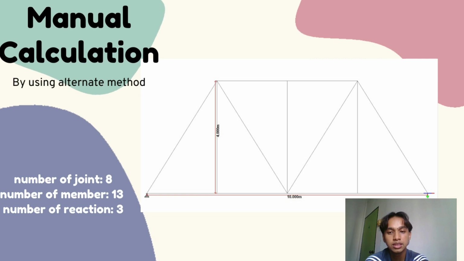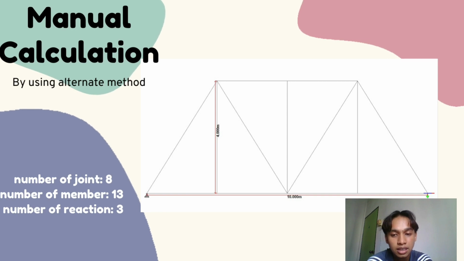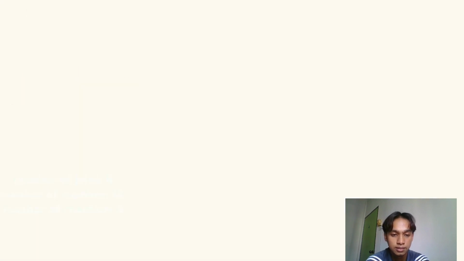So I will continue the video presentation on the manual calculation part. For our group, we use the alternate method to calculate the internal force for each member. First of all, we need to find whether it is statically determinate or statically indeterminate. Firstly, we calculate the number of joints, which is 8, the number of members, which is the total members used, which is 13, and the number of reactions, which is 3, since we use roller and pin reactions.